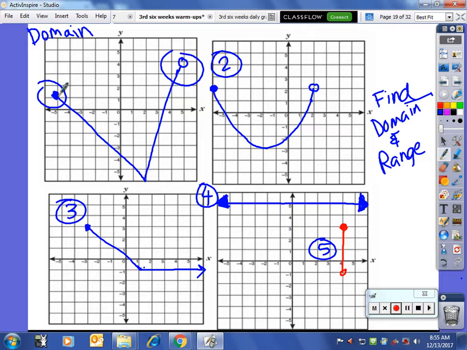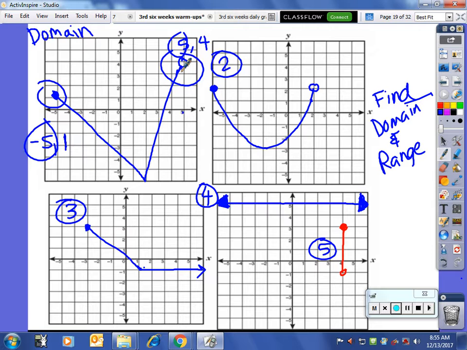So this point to the left is at -5, +1. This point to the right is at +5, +4. And if I'm talking about domain, all I care about is the x's. Now, one's colored in and one is not. Is that significant? Absolutely.